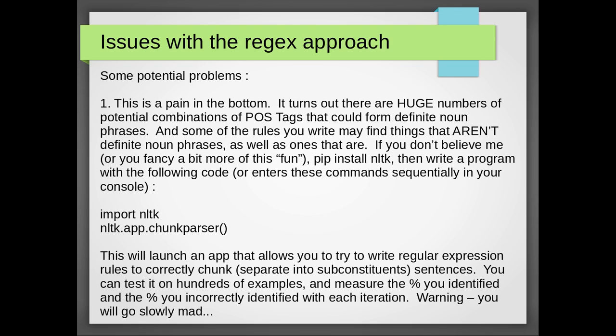That's a little app within the Natural Language Toolkit that allows you to write regular expression rules that will try to correctly chunk sentences into subconstituents, and you can test it on hundreds of examples, and it will keep an eye on the percentage that you've identified and the percentage you incorrectly identified with each iteration. There are instructions in the app that guide you through it more.